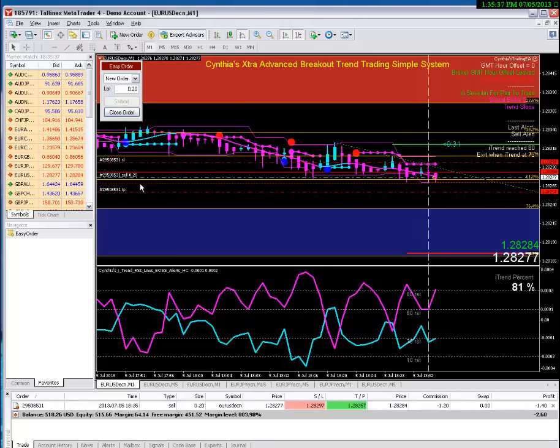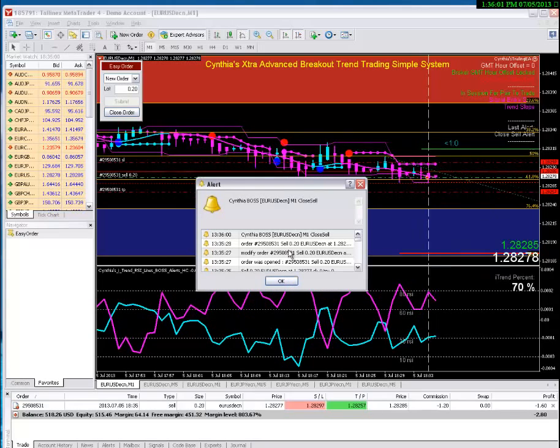And this is my take profit right here, my easy order take profit. It's not very wide because the trading range is super narrow. We just broke down below the triangle support. At the very least, our target would be here, and at the very most it would be down here where the red line is at the bottom of the blue sell zone.